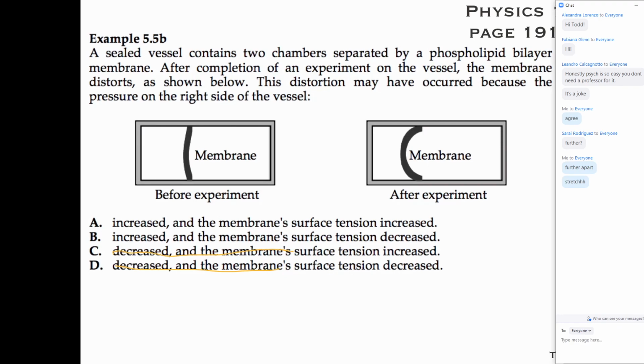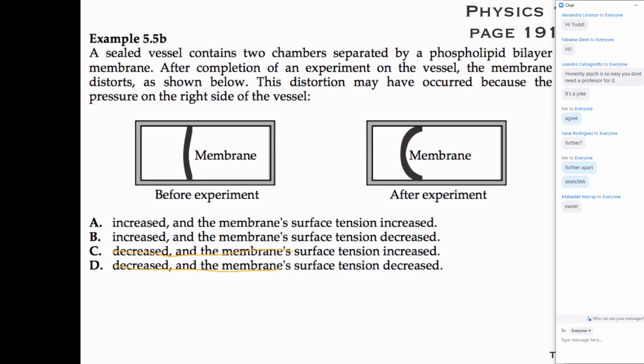So surface tension is how hard I would have to pull to rupture that membrane. So as it distorts more and more and more, is it going to be harder or easier to rupture? Easier. So in essence, it has less surface tension.